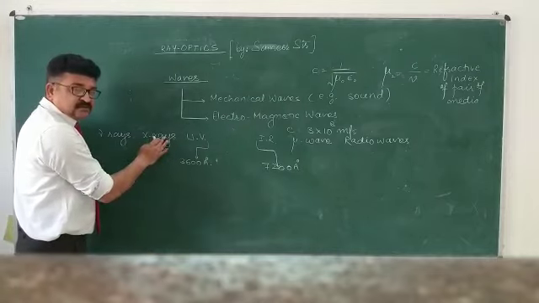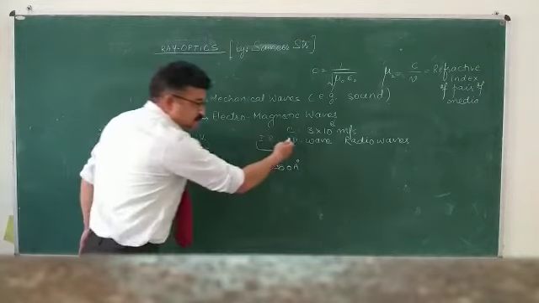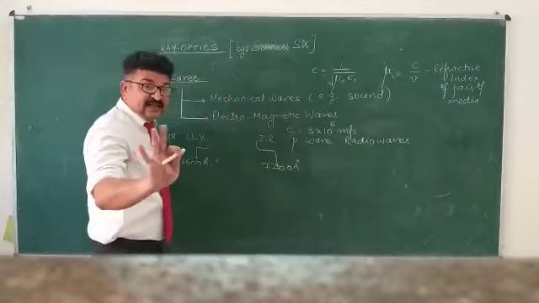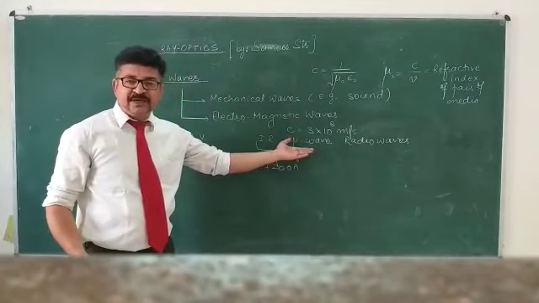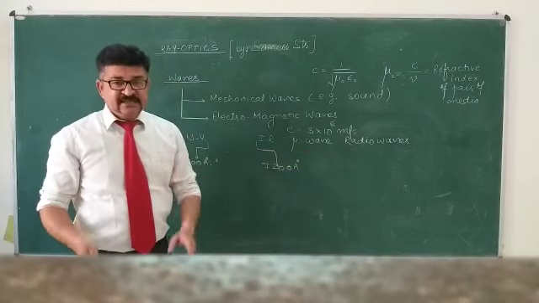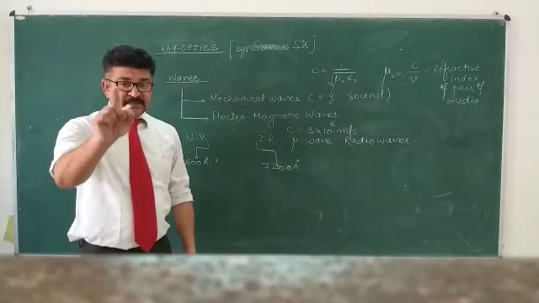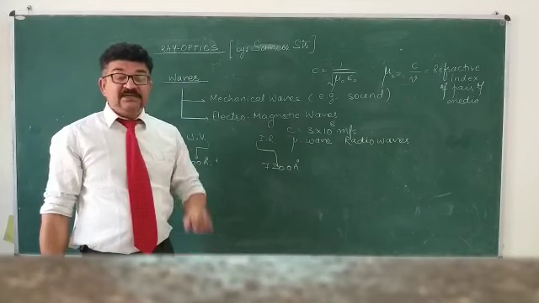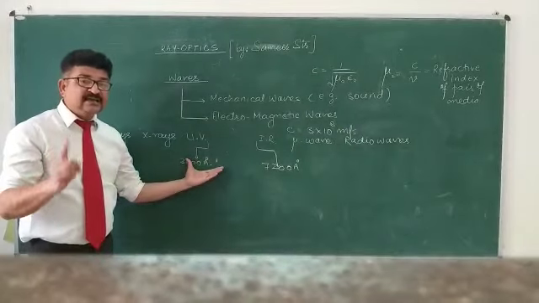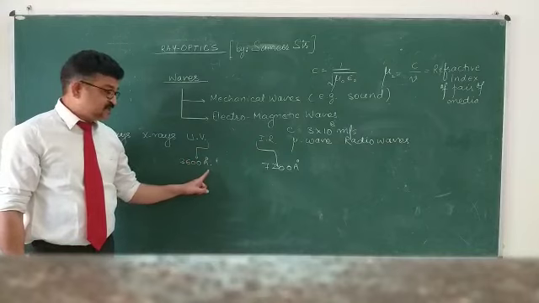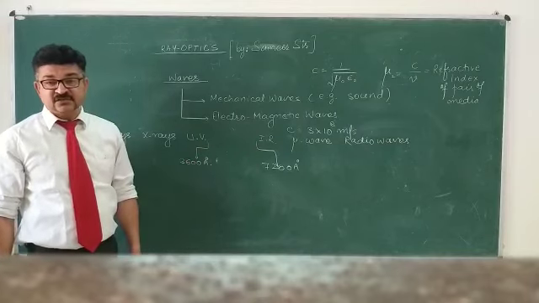The rest is light, but we can't see it with the naked eye. There are so many radio waves, so many microwaves all around us. Have you ever seen any of that? That doesn't mean these are not light. But we can't visualize them because our eye can visualize only the portion between 3600 angstrom to 7200 angstrom.